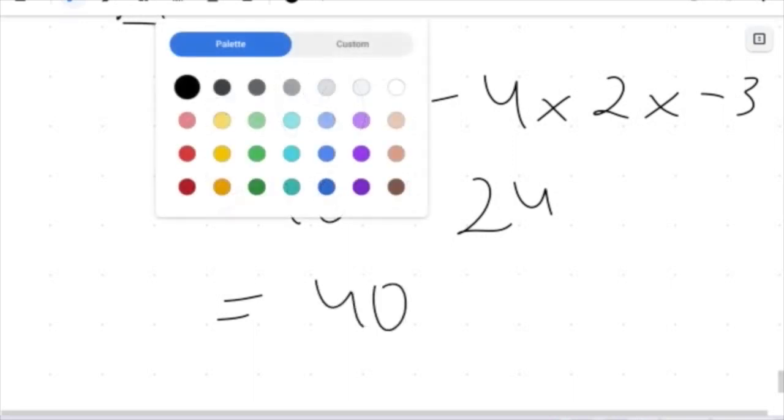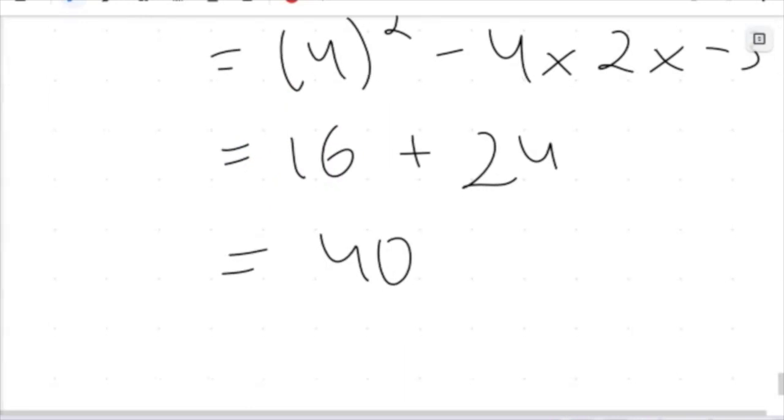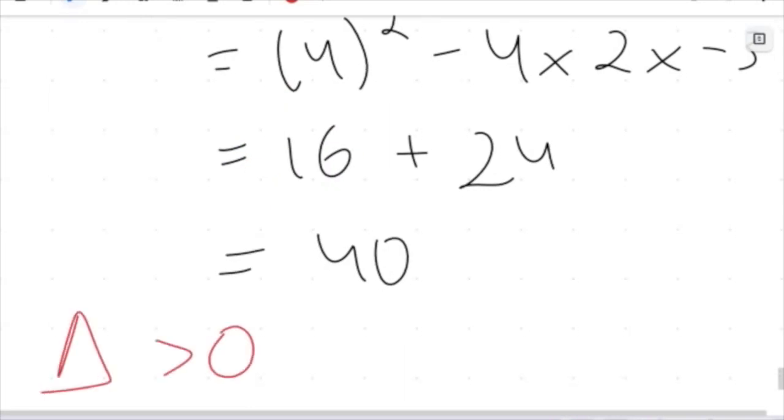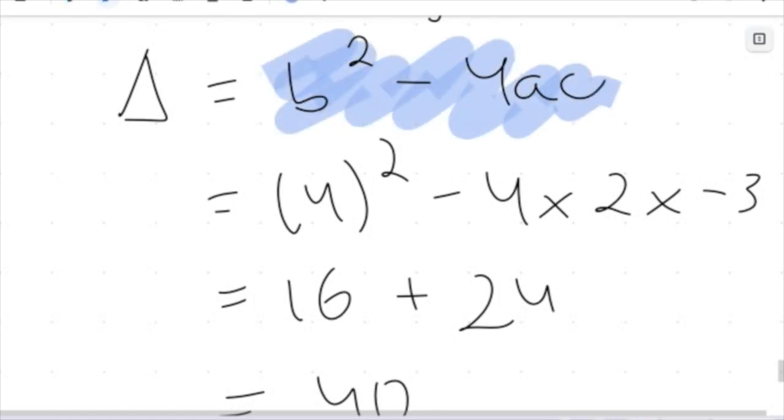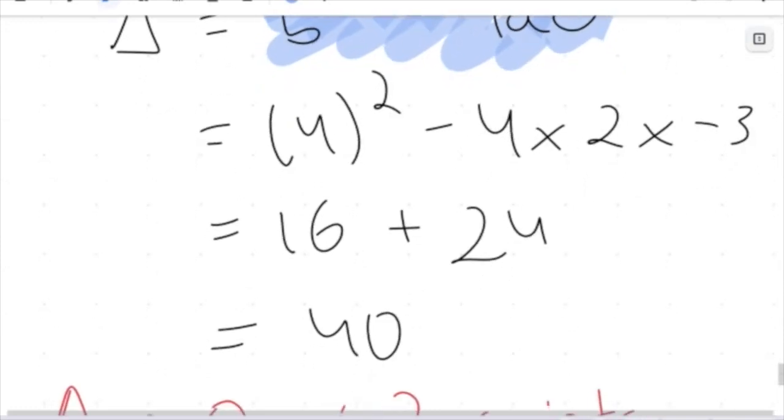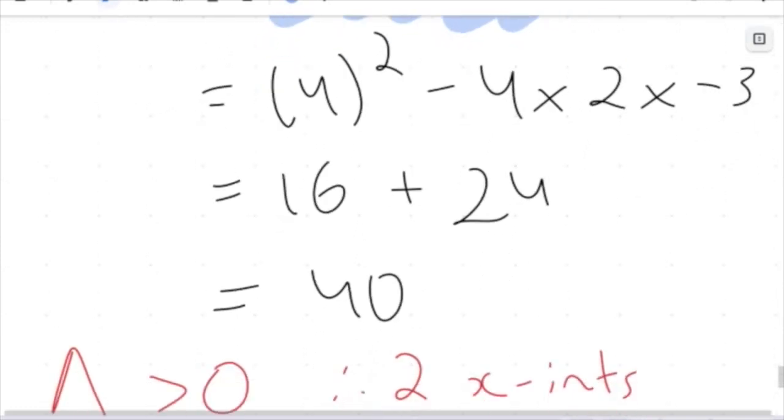Okay, so what does this tell me? My discriminant is greater than 0. Therefore, I have 2 x-intercepts. But the great thing about finding this discriminant is the discriminant is part of my quadratic formula anyway. So it's no actual extra work finding this because I'm going to be doing that anyway.